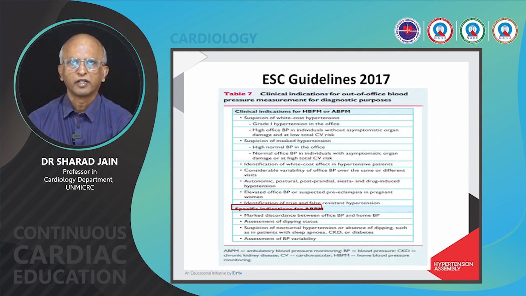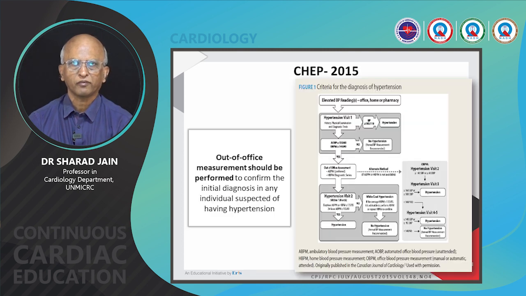Here again the ESC guidelines 2017 say that all patients with marked discordance between the office BP and home BP, for assessment of the dipping status, suspicion of nocturnal hypertension, or absence of dipping such as patients with sleep apnea or CKD or diabetes, and assessment of BP variability, all these should undergo ABPM.